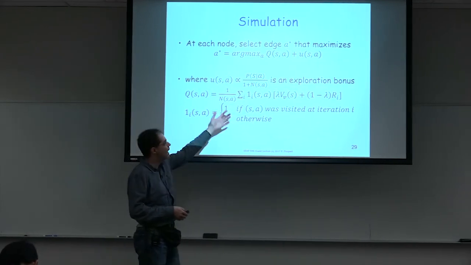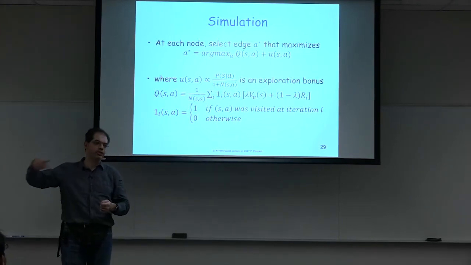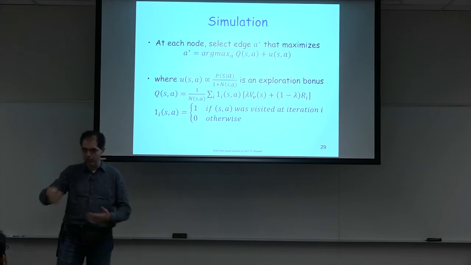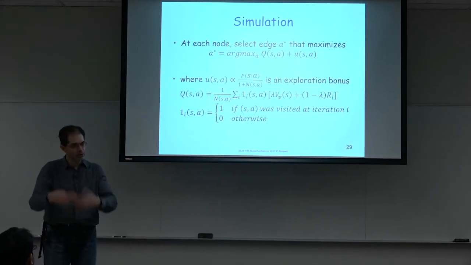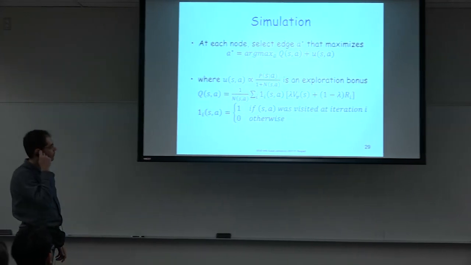But if it is a new action that we've never chosen before, then we create a new branch in the tree. Okay, and that's how the tree can get wider. And then we keep on going like this. We're going to reach eventually a leaf, and then at that leaf, we're going to in fact create a new child, and so we're going to grow in depth in this manner.